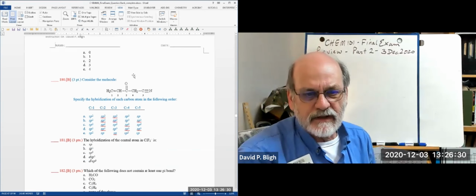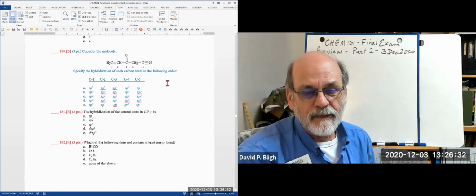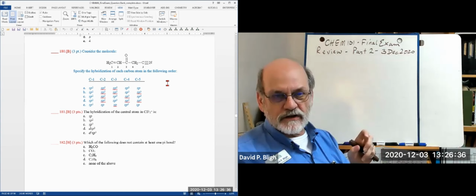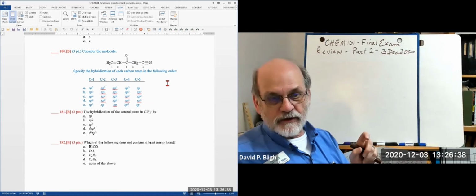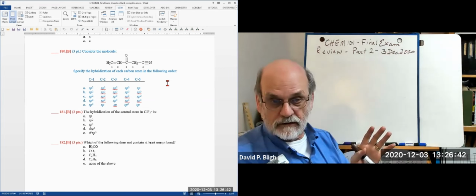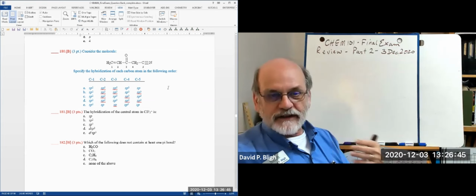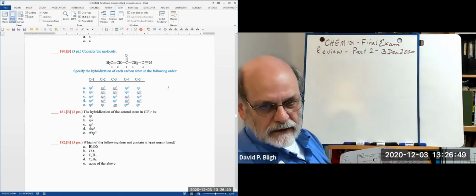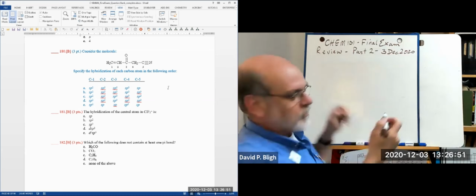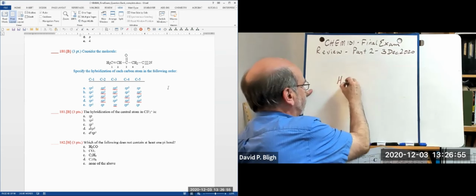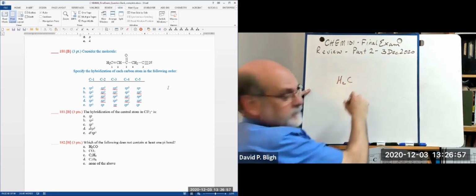Okay, we got about 15 minutes left, so let's see. Consider this molecule. What kind of hybridization for each of the carbons labeled? 1, 2, 3, 4, and 5 carbons are labeled. So what type of hybridization is it? Let's draw it out. That's the first carbon.